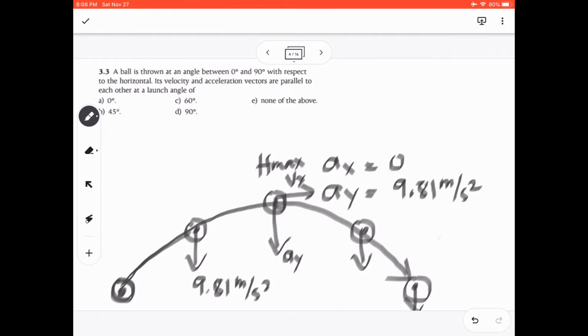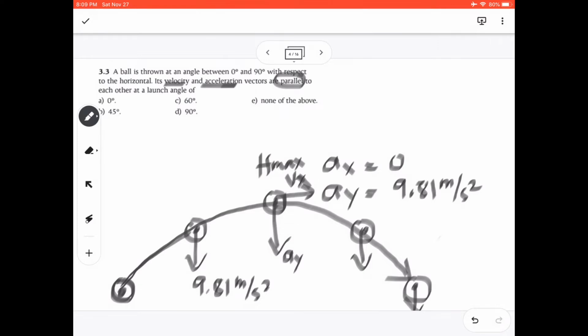So at this point of your projectile, the acceleration is perpendicular to the Vx. Now at which angle will the velocity and the acceleration be parallel to each other?